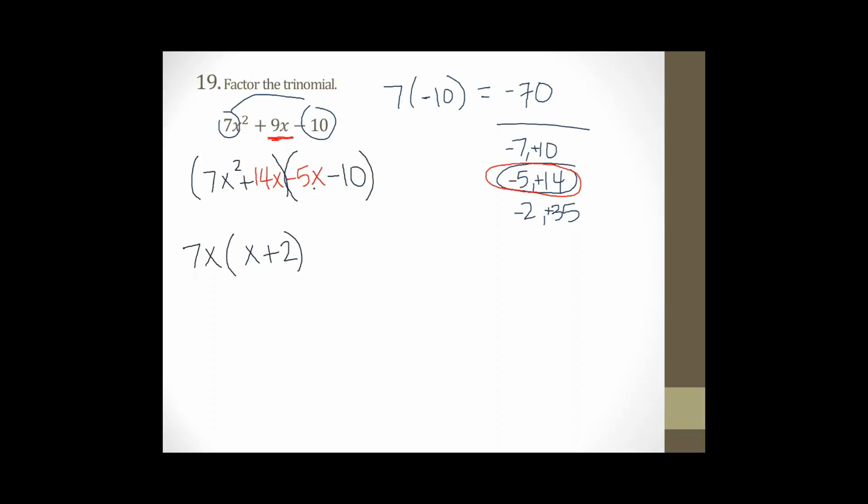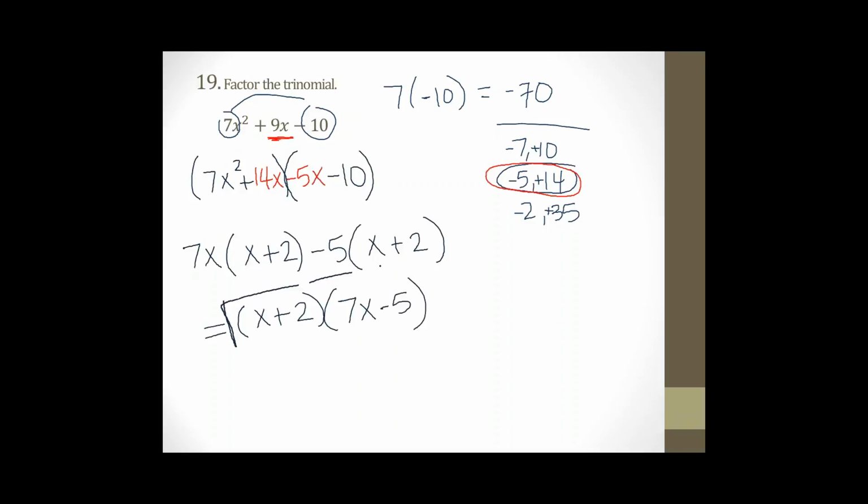The GCF between negative 5x and negative 10 is going to be negative 5, so I can get another x plus 2, because negative 5 times x is negative 5x, and negative 5 times 2 is negative 10. And then I write the x plus 2, and then I have 7x minus 5, and that's my final answer factored out.